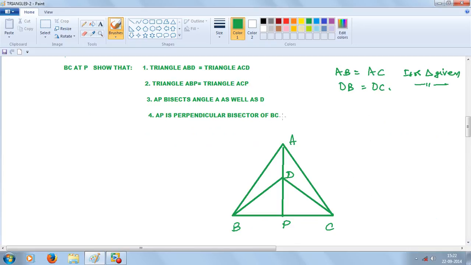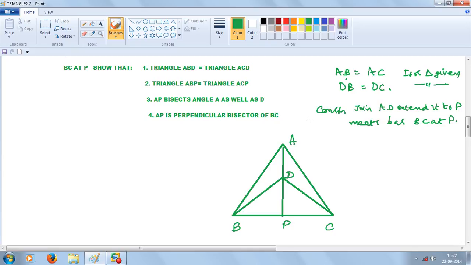Our construction is: join AD and extend it to meet the base BC at P.